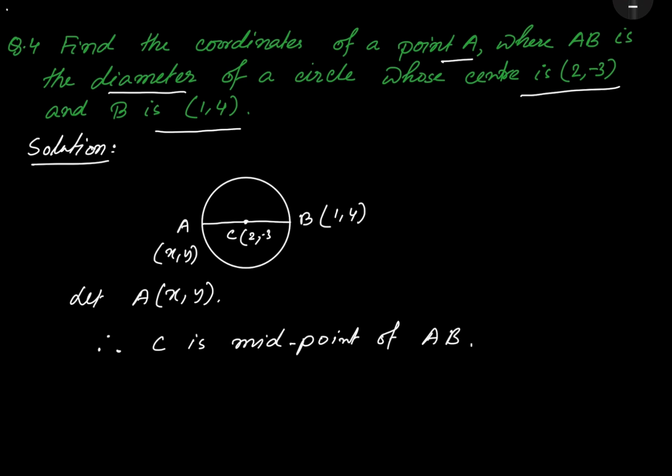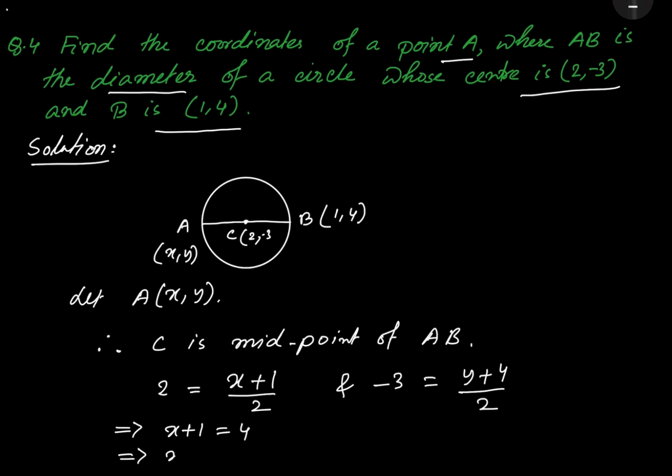So we can write 2 = (x + 1)/2 and -3 = (y + 4)/2. Cross multiply: x + 1 = 4, x = 4 - 1, that is 3. And here y + 4 = -6, so y = -6 - 4 = -10.